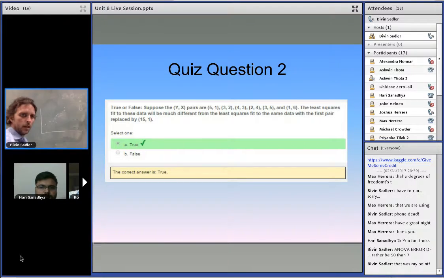And that's because the distance, very simply and intuitively, the distance between each point and the line, we did this with ANOVA, is much bigger than the distance between each point and that line. Hopefully everybody agrees.